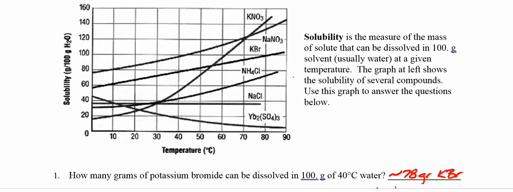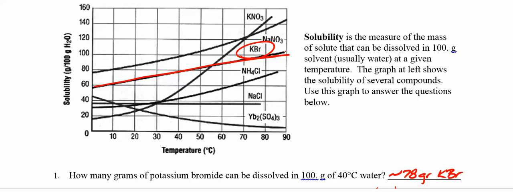So let's take a look at one particular one. Let's take a look at this one right here to start with, and we're going to be asked about that in just a second anyway. So what do we mean by solubility curve? Well, if I focus just on potassium bromide, I'm going to make a red line just across, just like that, to kind of highlight it.